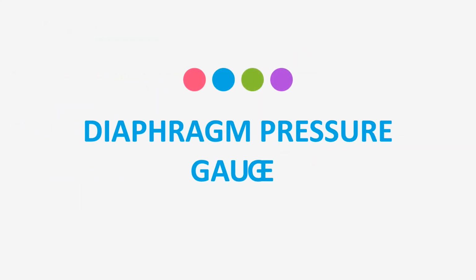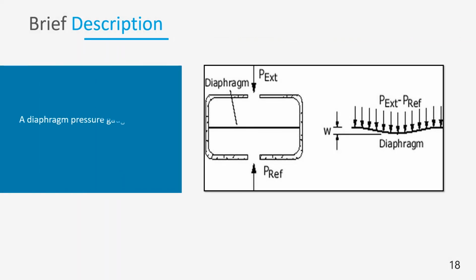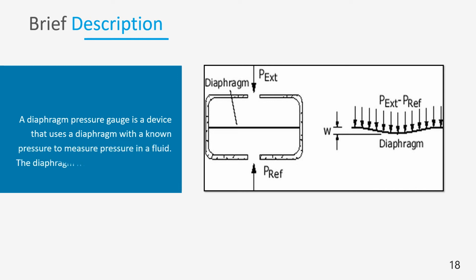Another instrument is the diaphragm pressure gauge. Brief description of this instrument. A diaphragm pressure gauge is a device that uses a diaphragm with a known pressure to measure pressure in a fluid. The diaphragm has a flexible membrane with two sides.